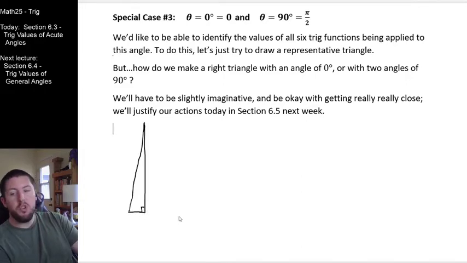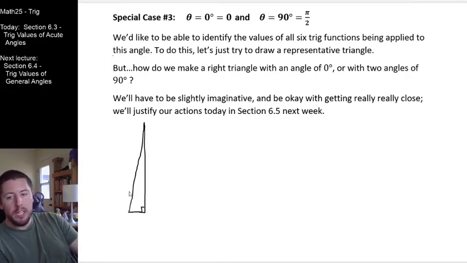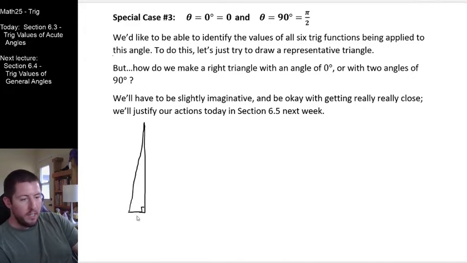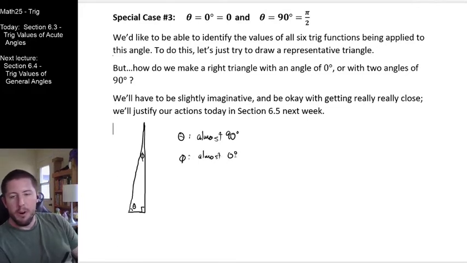What I'm trying to draw here is something really, really, really close to this also being 90 degrees. I'm going to call that theta and call that phi, just because I can't write inside of this triangle very well. Theta is almost 90 degrees, and phi is almost 0 degrees. I'm trying to draw a super extreme triangle right here, like crazy extreme.